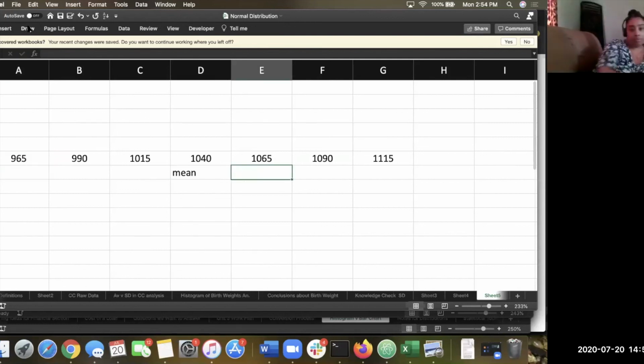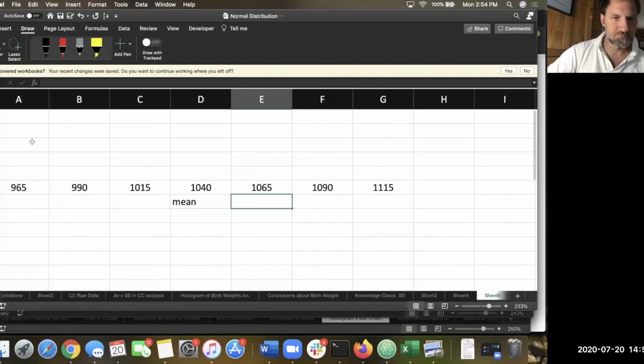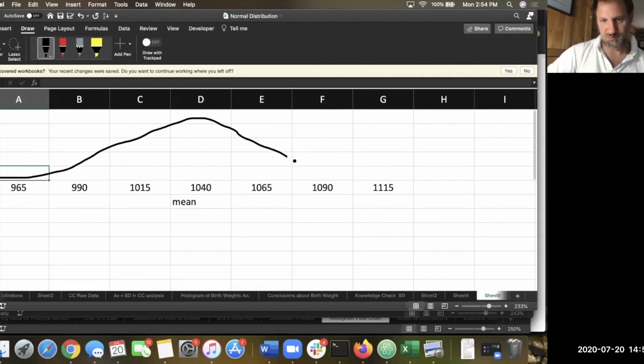So again, I'm going to try to draw this normal distribution here. Much easier to do by hand. Don't worry about things looking beautiful. The point is that there's 1 line in the center, and then there's 3 lines to the left, and there's 3 lines to the right.